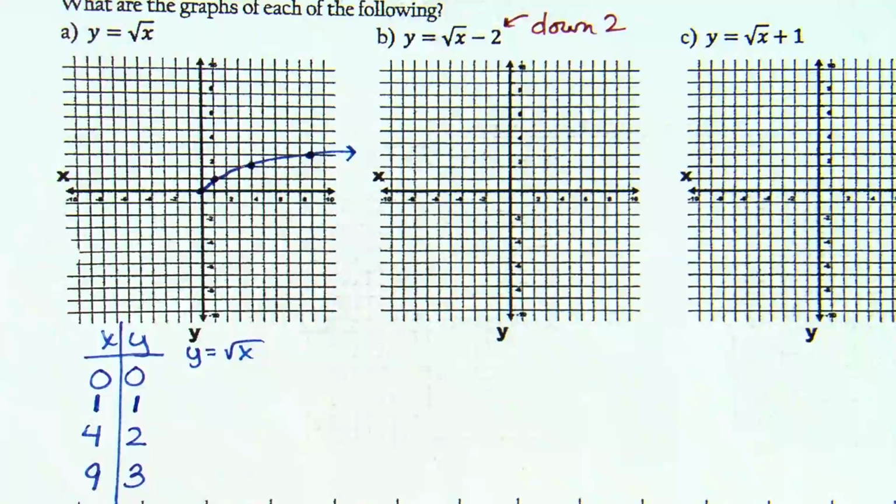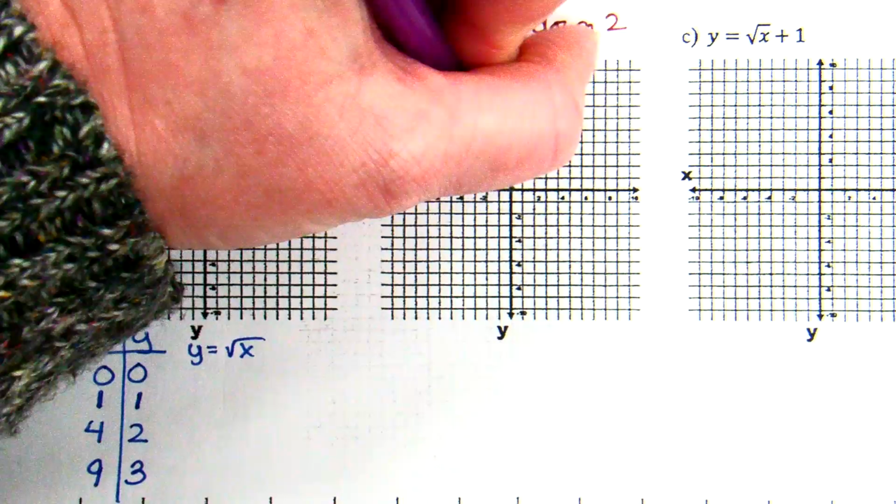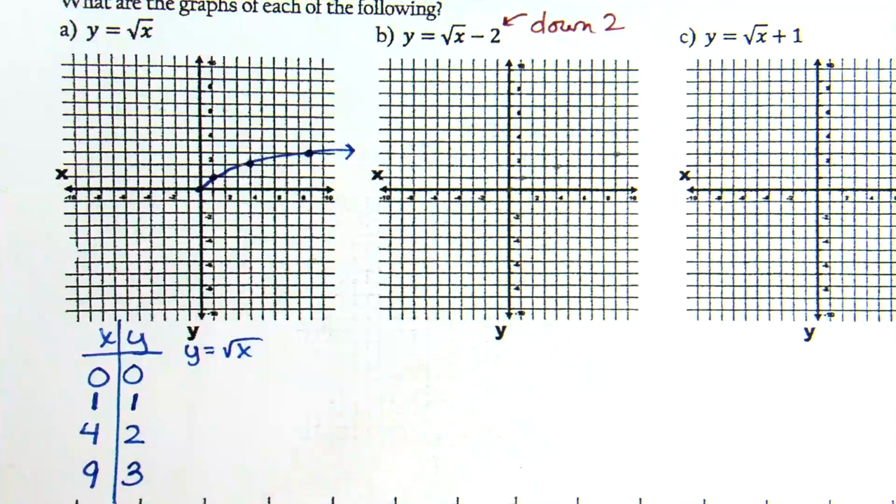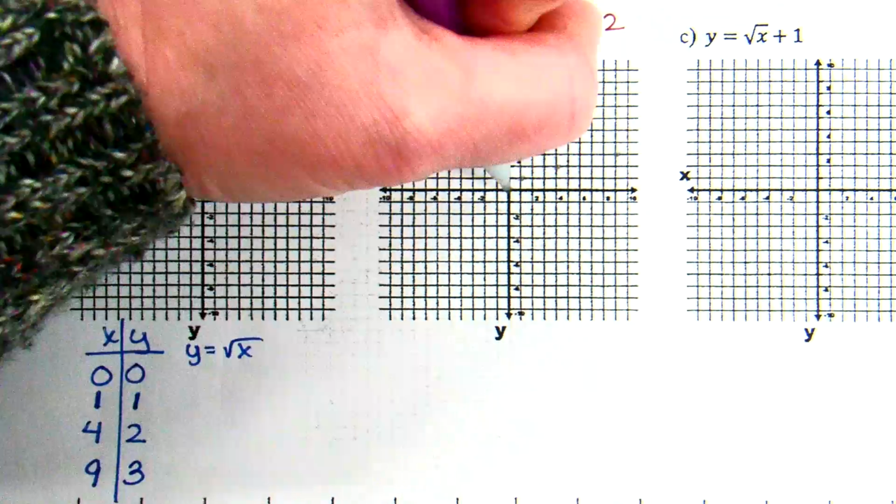Couple of different ways you can do it. Could you lightly graph all of your previous dots and then move them each down 2? You could. You could graph 0, 0, 1, 1, 4, 2, and 9, 3. There's nothing wrong. I mean, easier to do on paper and pencil than it is on the computer, right?